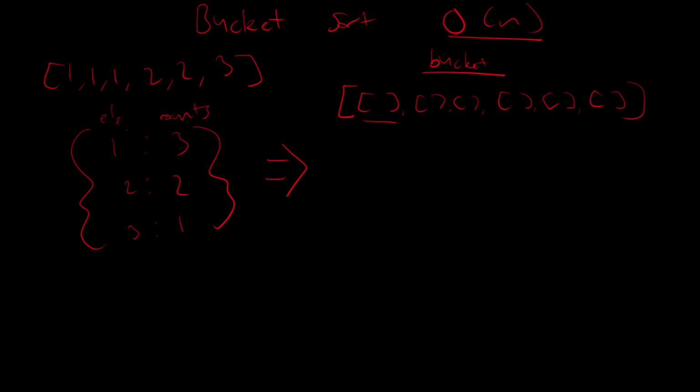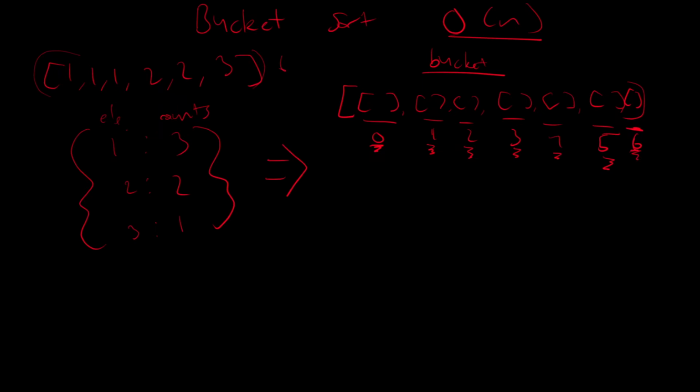For all these indices, we want the indices to be the counts, not the elements, which is a pretty unique way of thinking about it. We want the final index to be equal to the length of the actual array, so because this length is 6, we want 6 empty arrays.